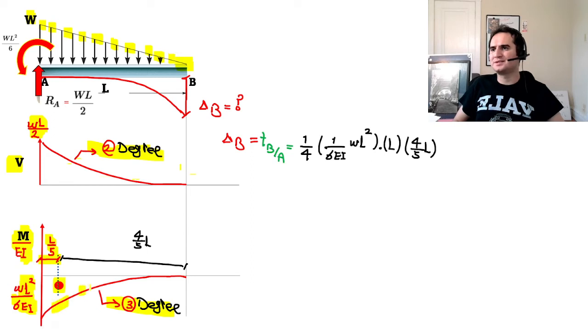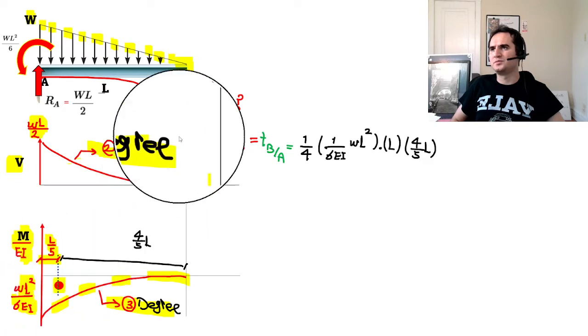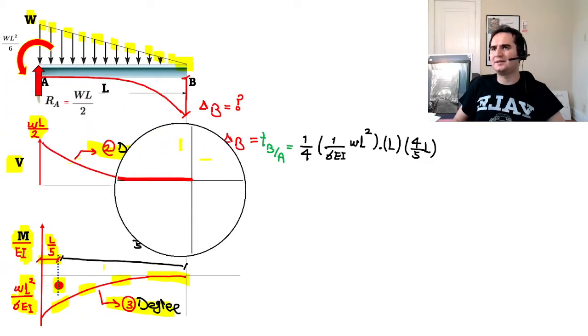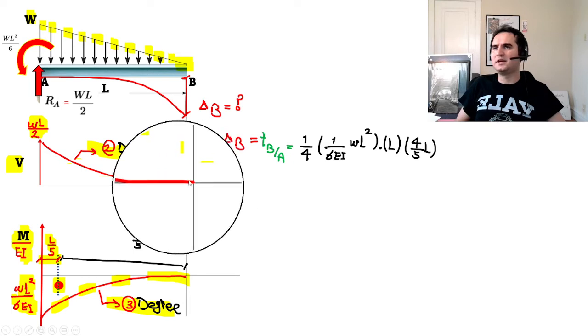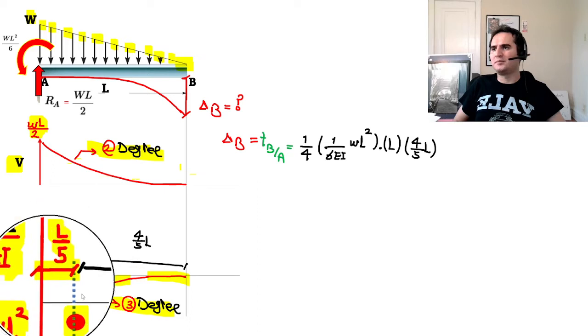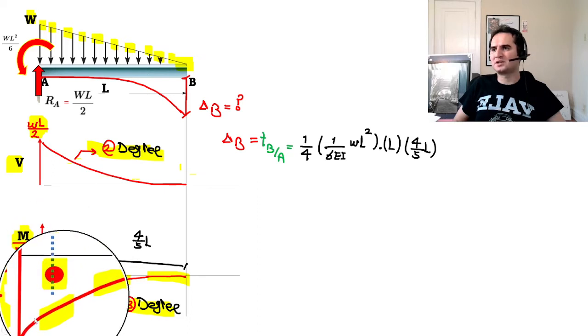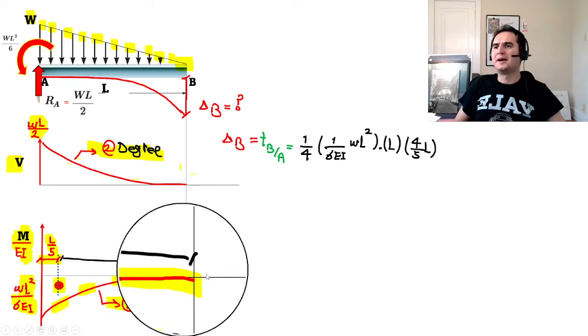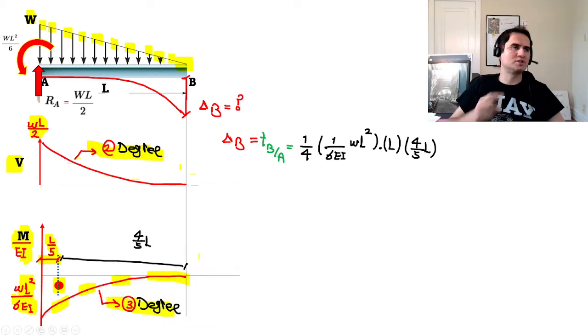That's the highest slope, and it decreases until it reaches zero at the free end B. And that's how you can easily draw the shear, moment, theta and delta diagrams completely correctly.